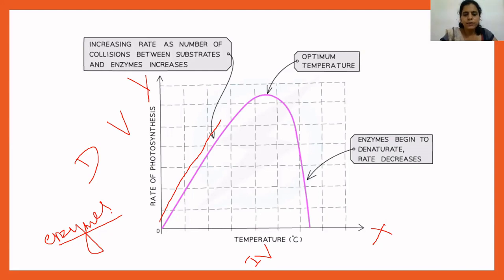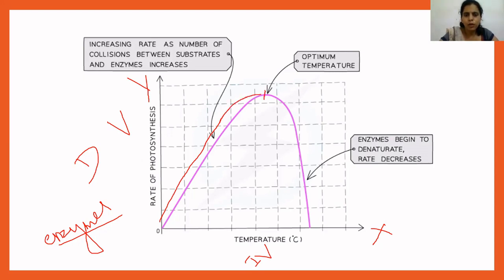As we increase temperature slowly, the kinetic energy of these molecules increases, and hence the collision between the substrate and enzyme increases, and the rate of reaction increases. And as temperature increases, the rate of reaction also increases up to a certain point.